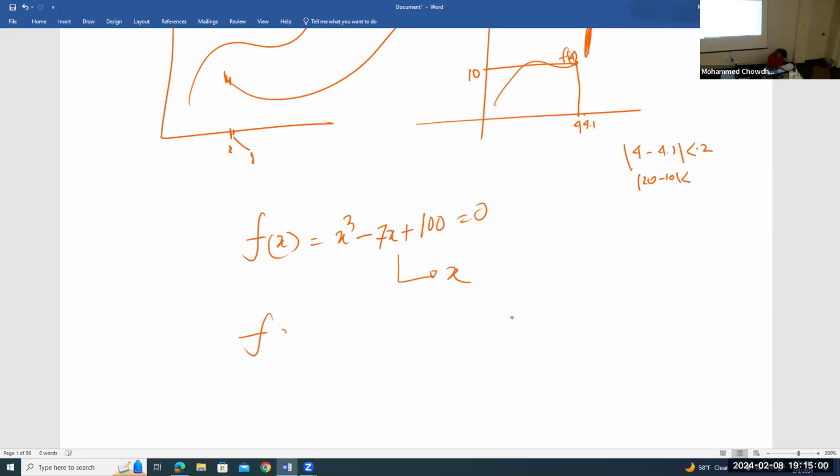Another person wrote, this is my function, x to the power 10 minus 5x to the power 4 plus 2x plus 5 equal to 0. So what is the solution for the x? Are you understanding? I have a function. These functions are continuous and differentiable, but what is the solution for the x for this function?